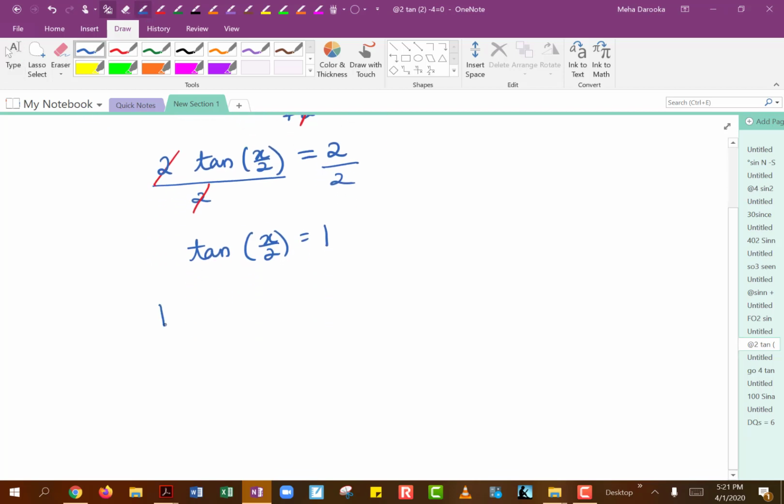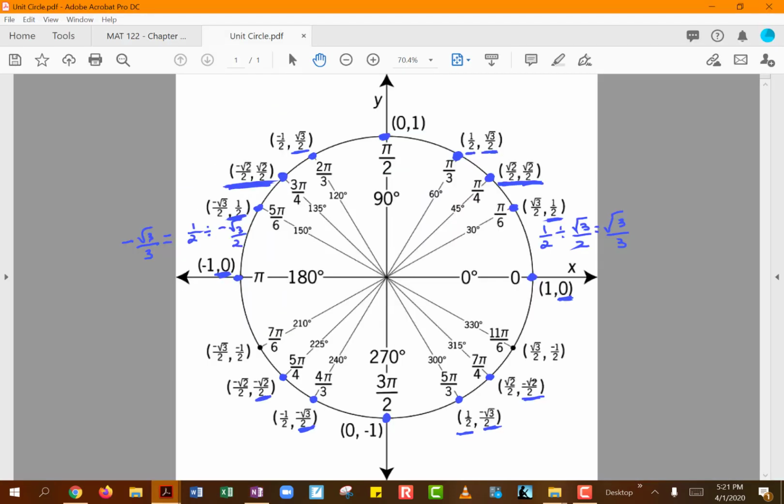So like I told you before, tangent has a period of pi, so you are looking at the interval from 0 to pi, and you're trying to see this time where your tangent function is going to be positive 1. So for it to be positive 1, our sine and cosine functions both also have to be positive and have the same value.